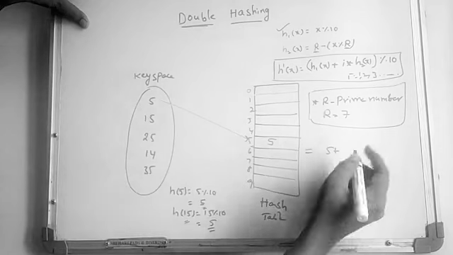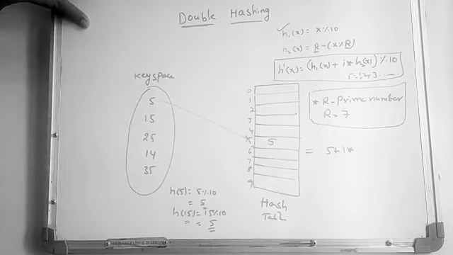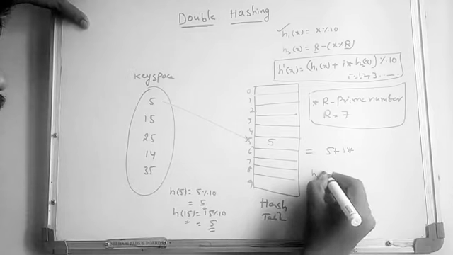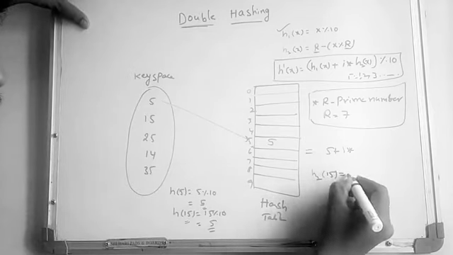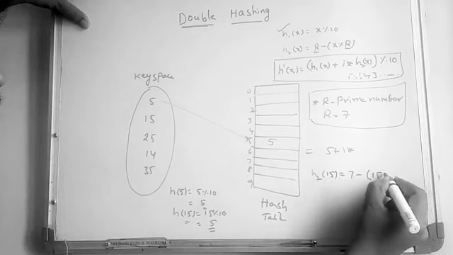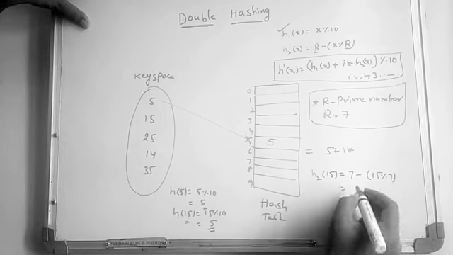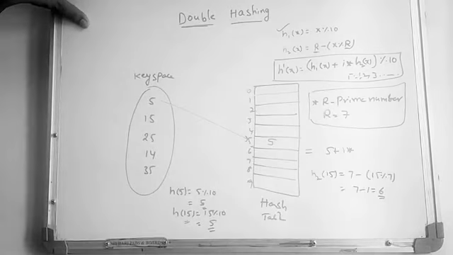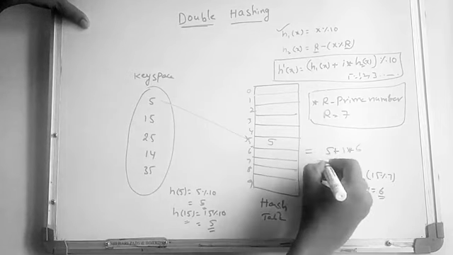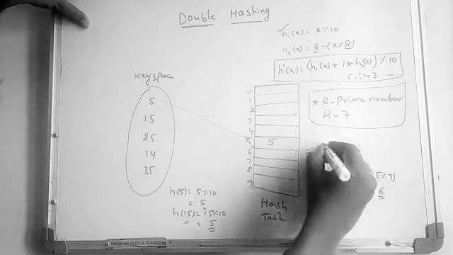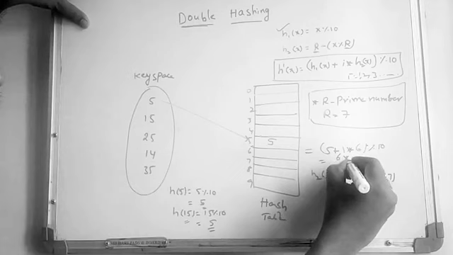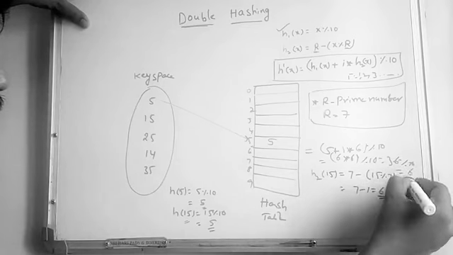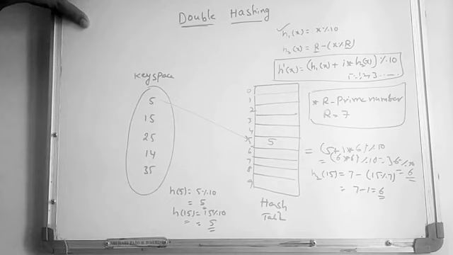Here i equals 1. Now find h2 of 15, which equals r minus 15 mod 7, that is 7 minus 1, which is 6. So 5 plus 1 into 6, that is 11 mod 10, which is 1. Hence we can store the value at index 1.